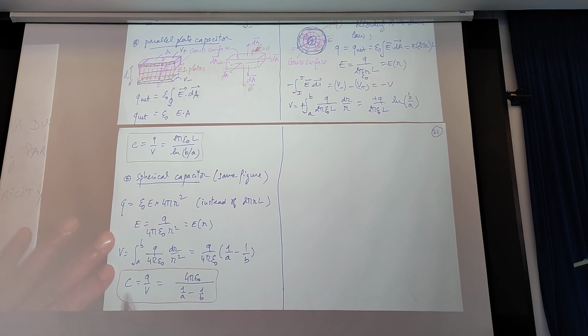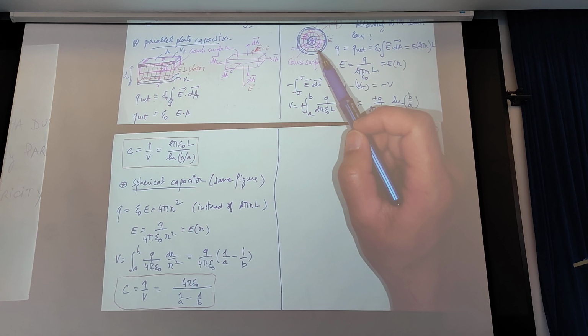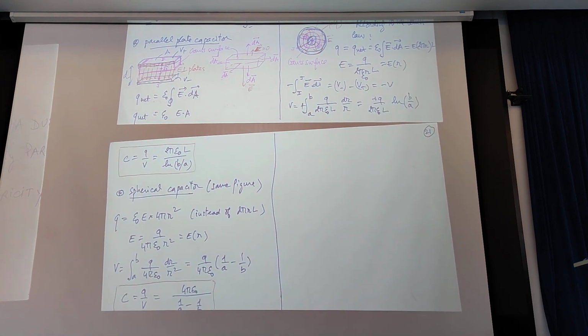in this case, if b tends to infinity, okay? Imagine you have a metal sphere and around it another metal surface. This is a capacitor.